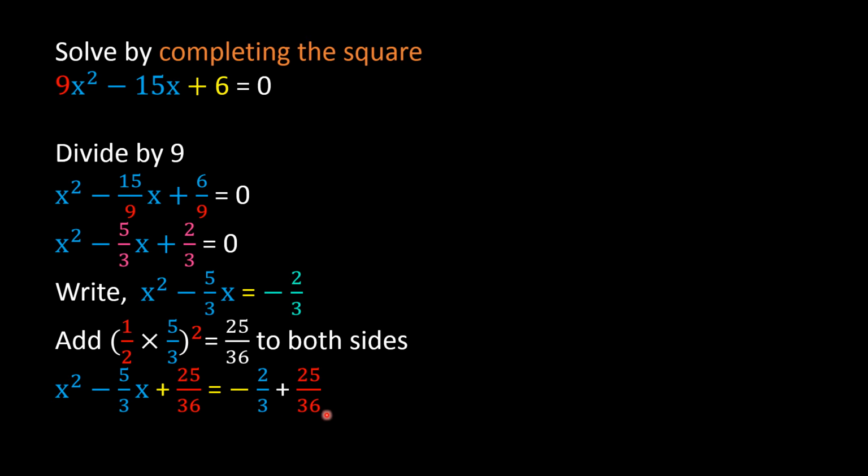Now we will add this. For this, we have to make the denominator same. For that, we will multiply this minus 2 divided by 3 by 12 divided by 12.